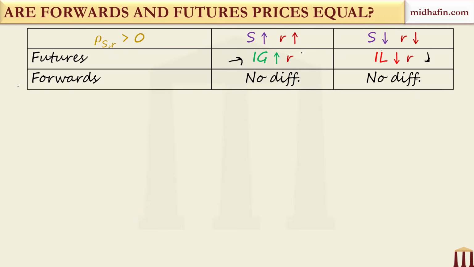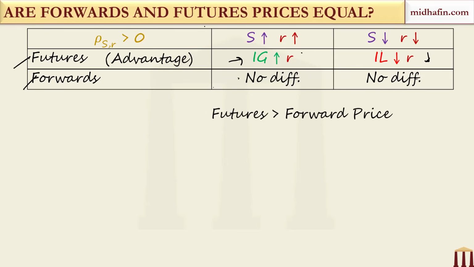So who has the advantage, futures or forwards, in this case? Perfect. Futures has the advantage. So in this case, futures price will be greater than forward price. So when the correlation between interest rates and underlying price is positive, the futures price is greater than the forward price.